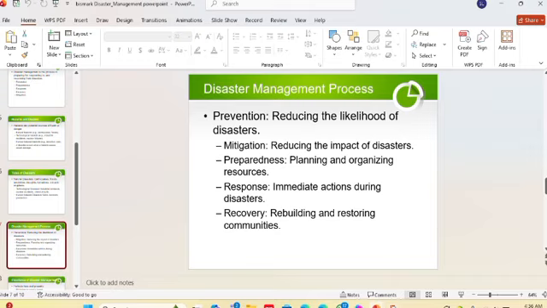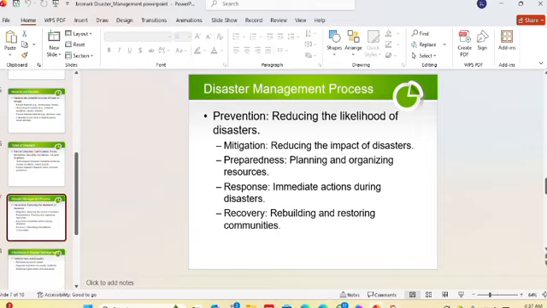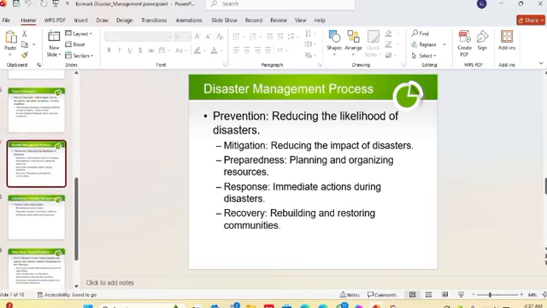Immediately after, people may be removed from that building or storage. So that's a response. Then we have recovery. This is rebuilding and restoring of the community. After certain events have occurred, the community is rebuilt, coming back to its original situation.